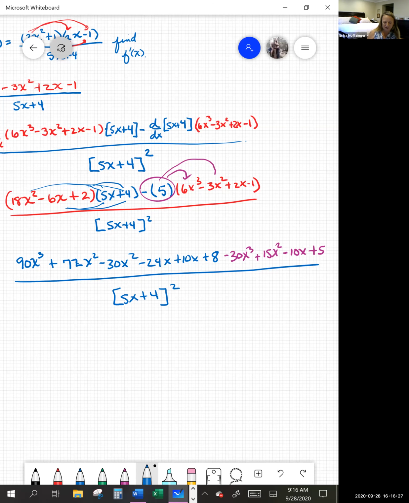So combining like terms, 90x cubed minus 30x cubed is 60x cubed.